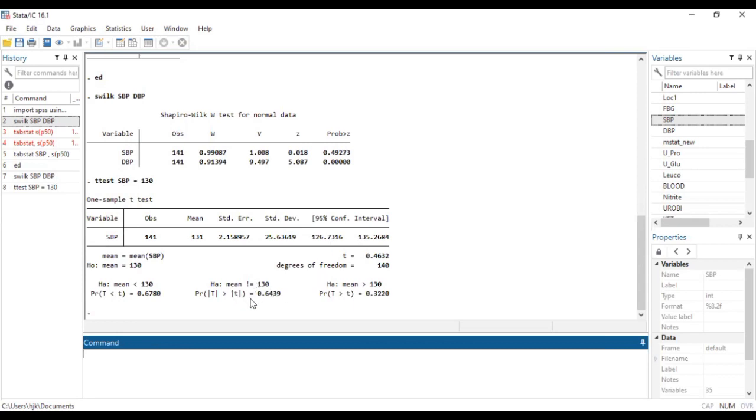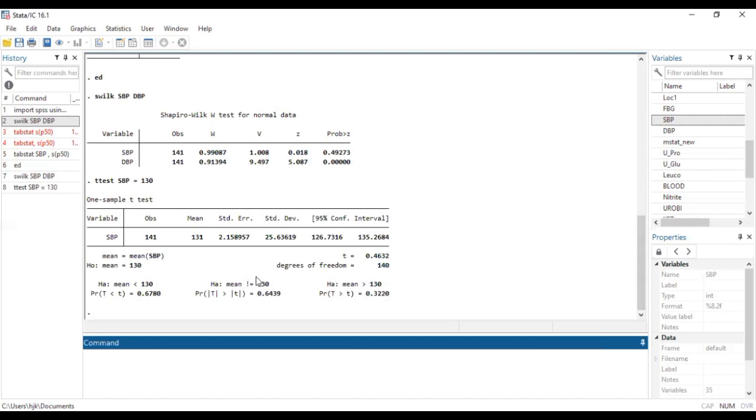Now our p-value is telling us that it is not statistically significant because it is greater than 0.05. So we fail to reject the null hypothesis, which says that there's no difference. So the mean of our sample and that of the specified or hypothesized mean are generally the same.